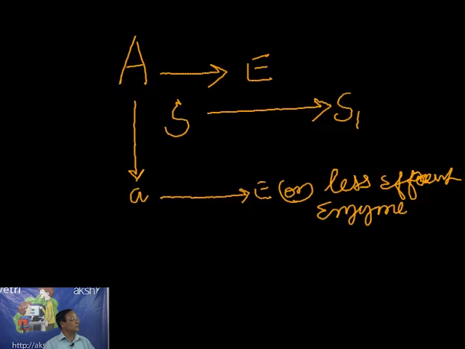So when the allele undergoes change, for example, it is converted to small a, it may produce a normal enzyme just like the original allele, or it produces a less efficient enzyme, or sometimes it may not produce a normal enzyme, or it produces a defective enzyme. So there are three possibilities.